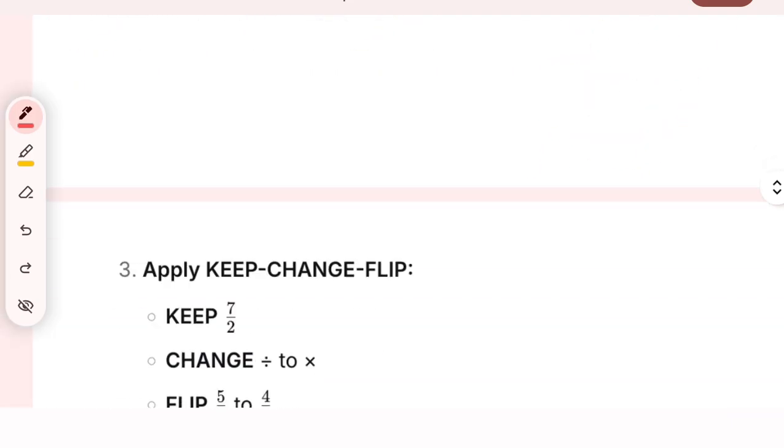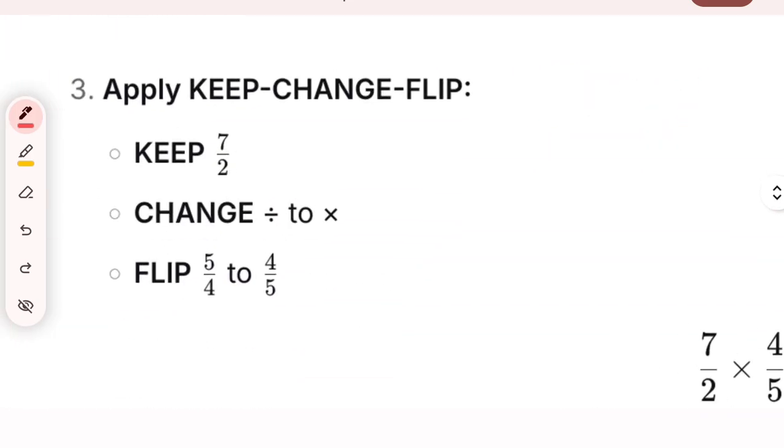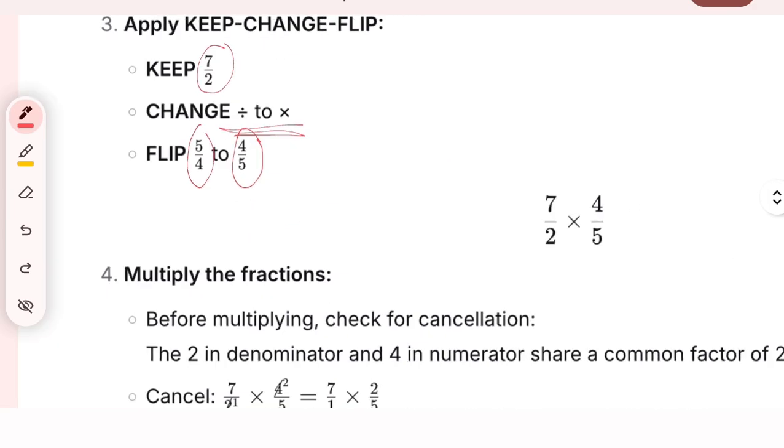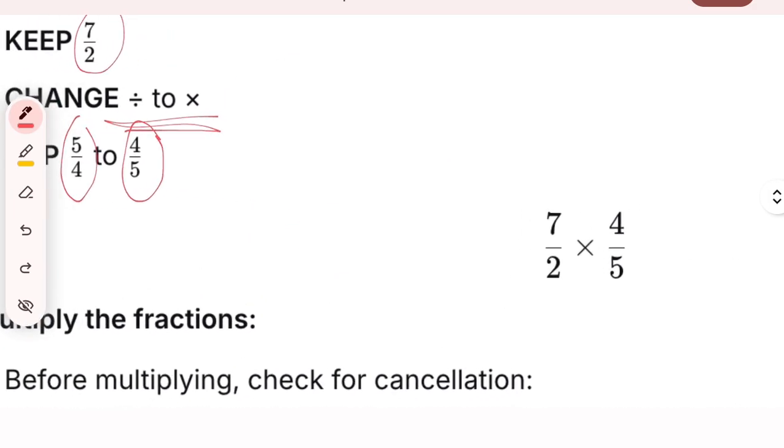So we keep the first fraction, don't change anything about it, keep 7/2. Now change division into multiplication, and the last one is to flip. Flip 5/4 into 4/5. And we put it back, so it will become like this. We kept it, we changed it, and we flipped it.